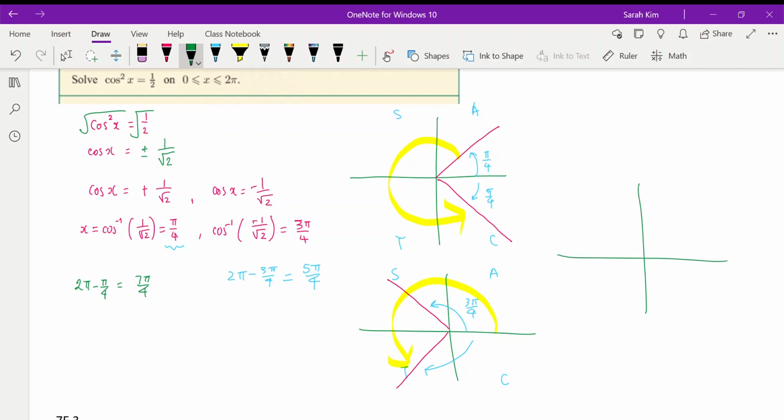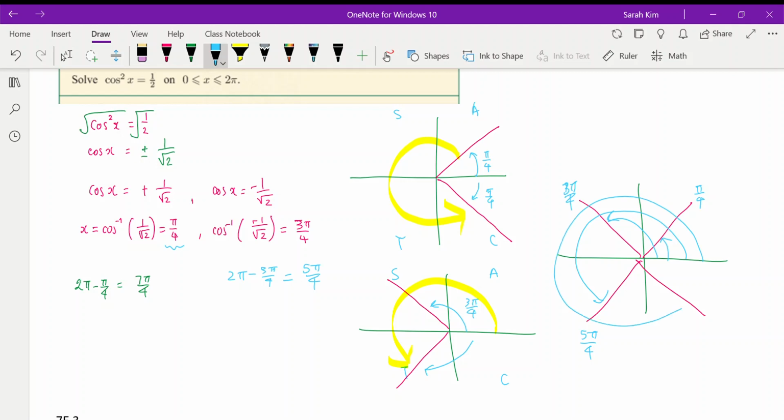So what that means is if I draw a final unit circle to combine all of those answers, I actually found answers for every single quadrant. So there was this option which was pi/4, that option which was 3pi/4, that option which was 5pi/4, and my last option, which is 7pi/4.